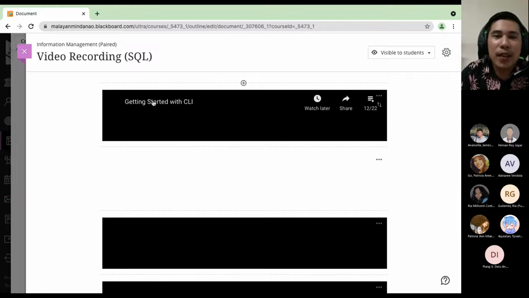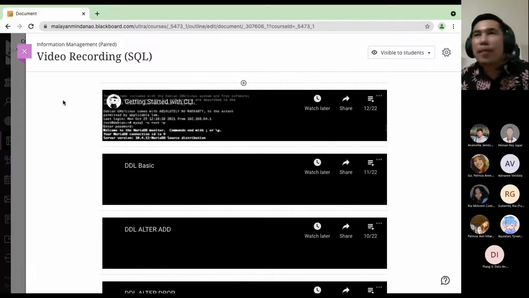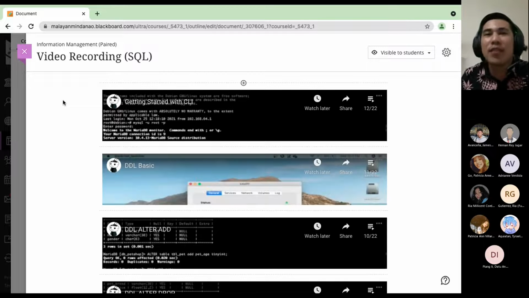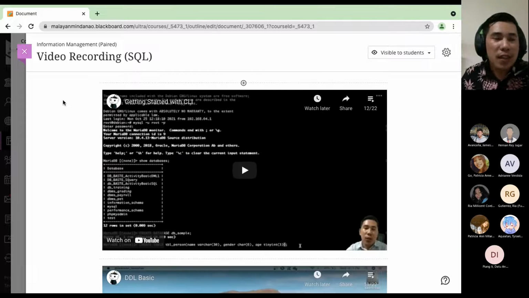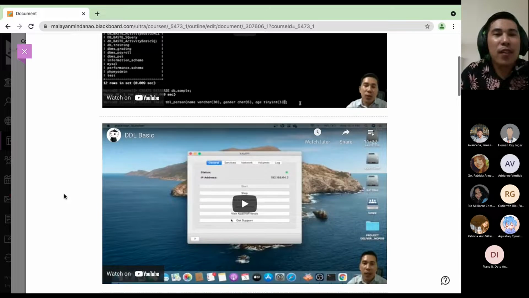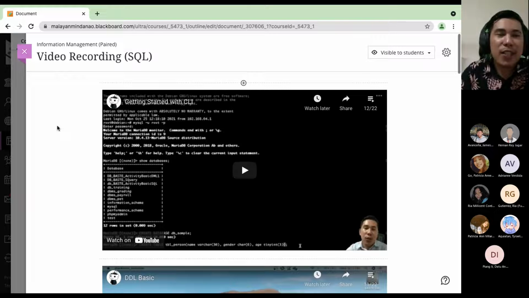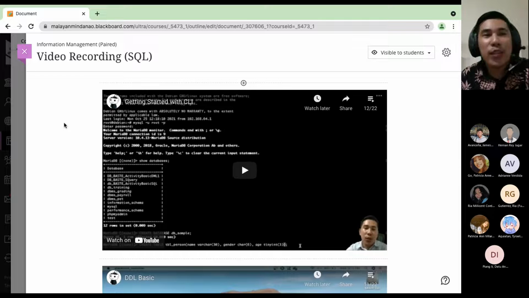Since we are a mix of ComSci, IT, IS and EMC: for the ComSci students, this is for you. Everything we do is in command line interface. I'm not saying you can't do it in the user interface or using phpMyAdmin, but it would be beneficial for ComSci students to at least familiarize themselves with SQL statements, especially the data definition language.